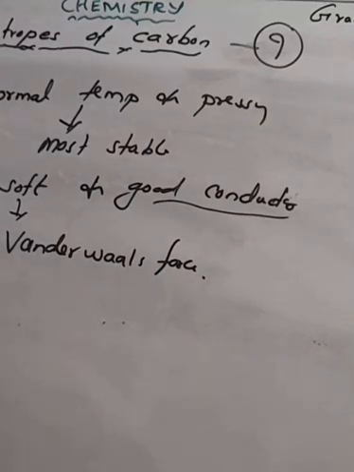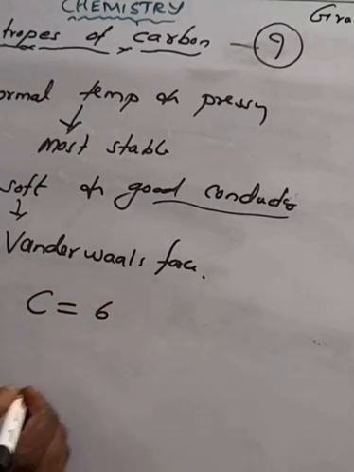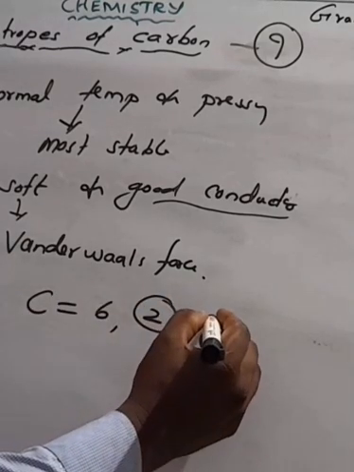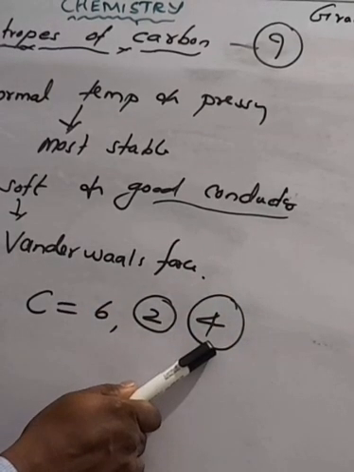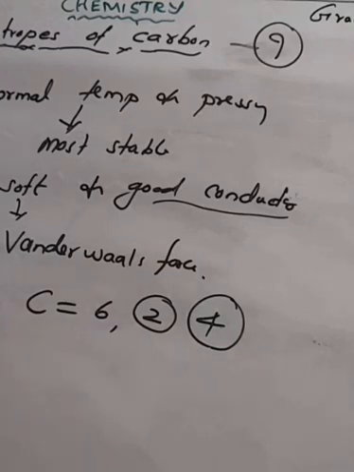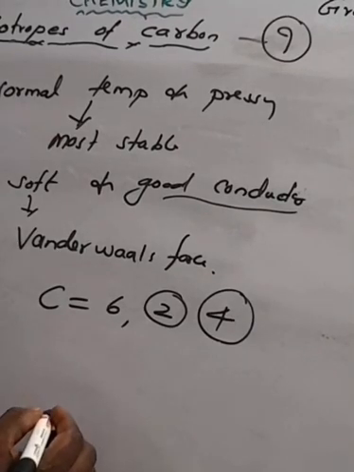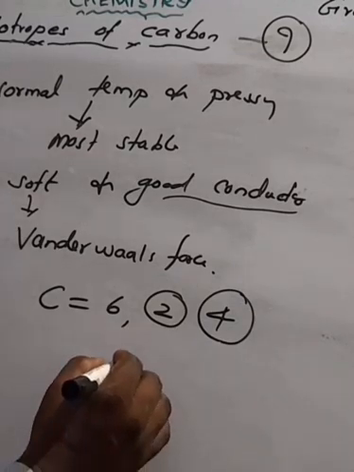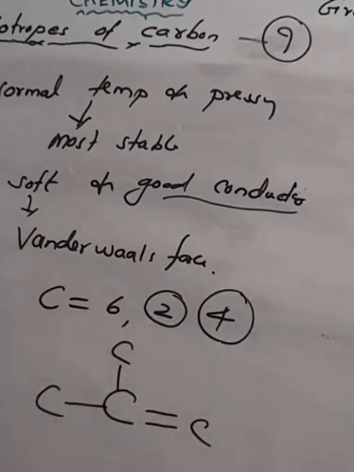We know that the atomic number of carbon is 6, am I right? In the first shell we can accommodate 2 electrons. In the second shell we can accommodate 4 electrons. Out of the 4 electrons, each carbon atom forms 3 sigma bonds with the neighboring, nearest carbon atoms.